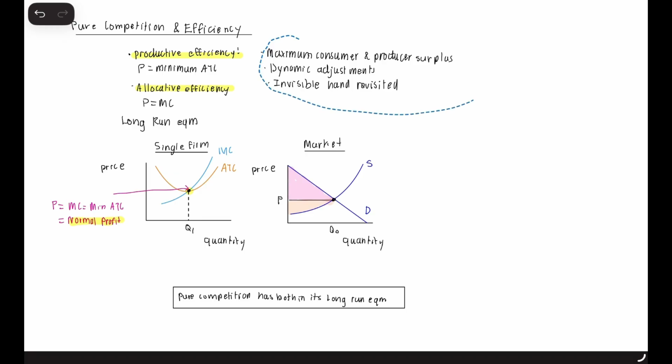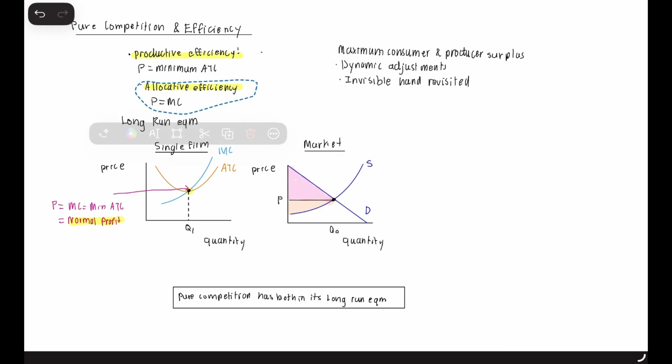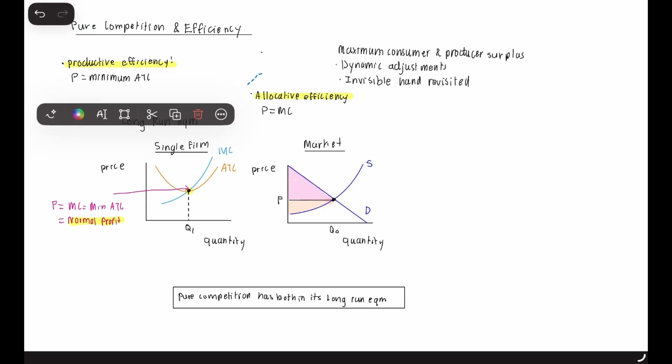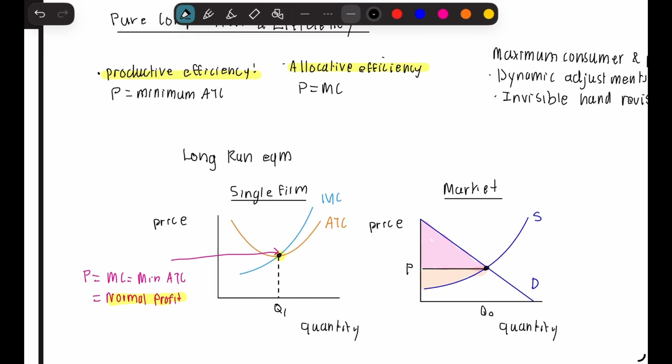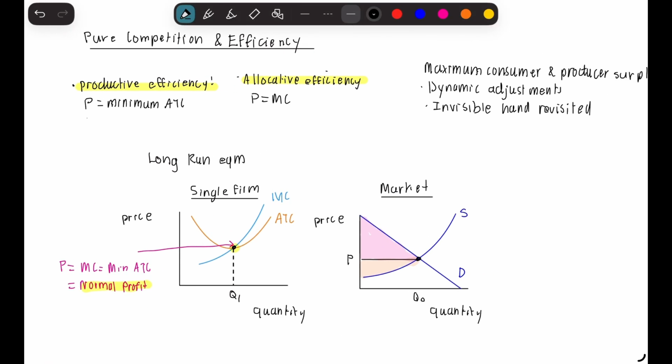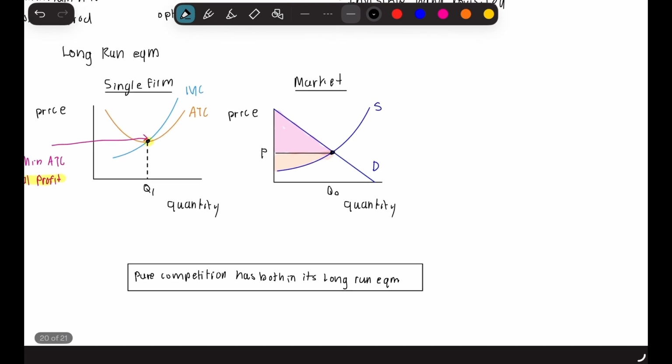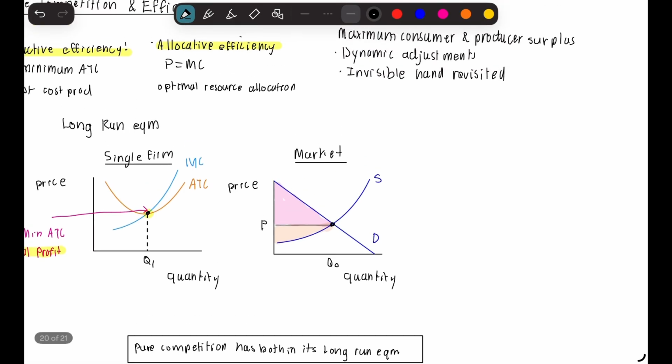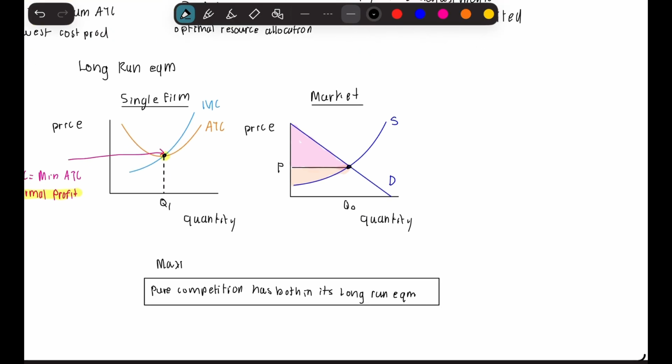To elaborate on what these two mean, let's add some details. Productive efficiency is the lowest cost production you can achieve. Allocative efficiency is your optimal resource allocation. Perfect competition is going to achieve both of them in the long run, and it maximizes total surplus.